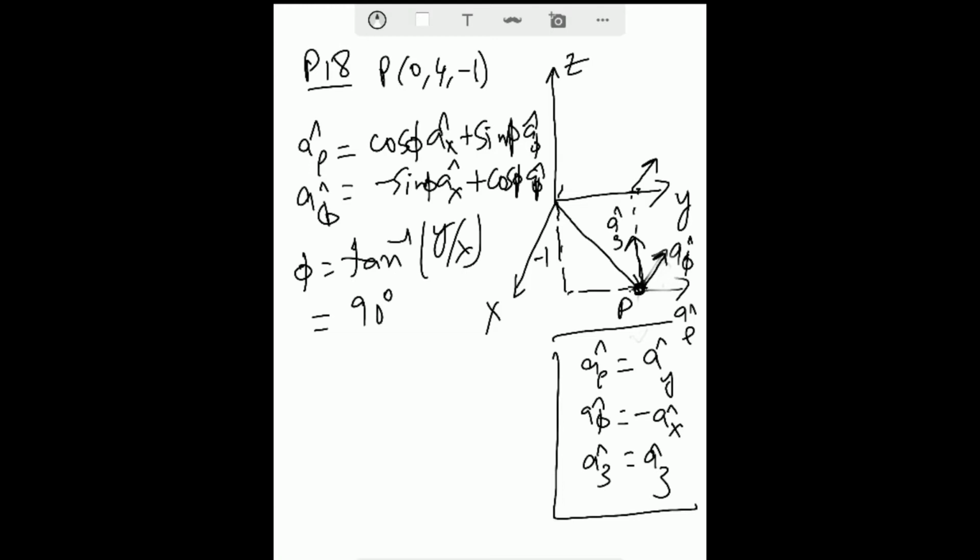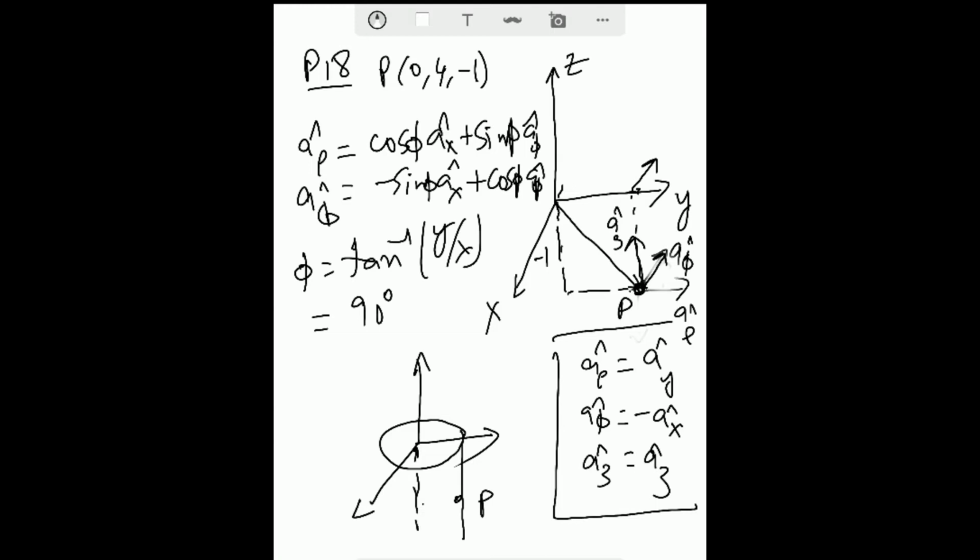And we can also see from here, because this is my phi plane, so I can draw this is actually the scenario here. So this is my point, and this is the cylindrical surface here, this one.